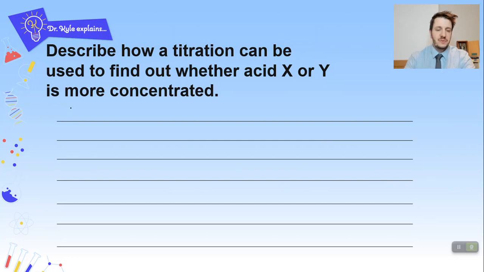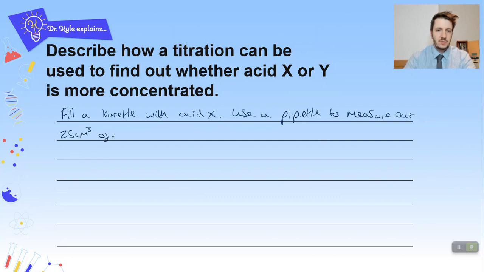So first of all then, what we're going to do. So we're going to fill a burette with acid X. Then we're going to use a pipette to measure out 25 centimeters cubed of alkali.